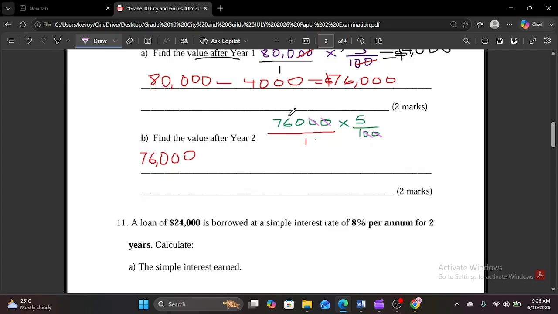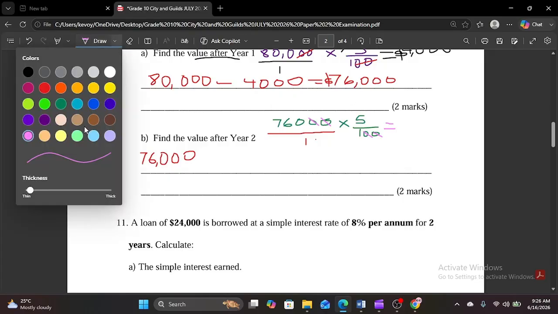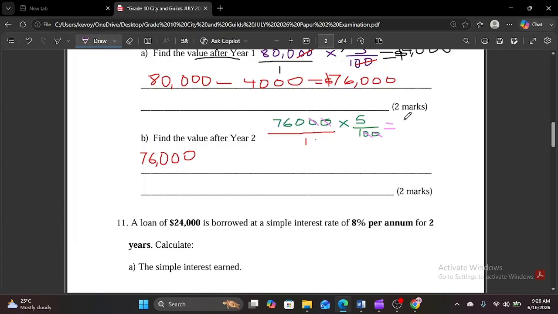You can cancel before you multiply, just to move faster and make calculations easier. So afterwards, you multiply just the 760 times 5, and that's gonna be equal to $3,800.